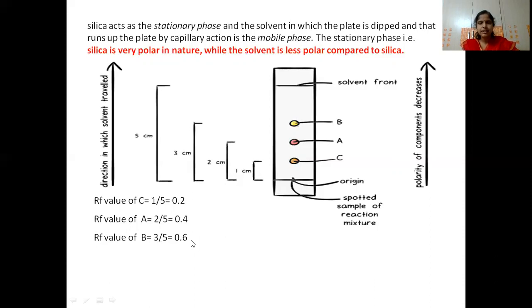Then we need to compare these RF values with the standard known RF values, which is there in the literature. So by comparing the RF values, we can find out what is the component which is present in the mixture.